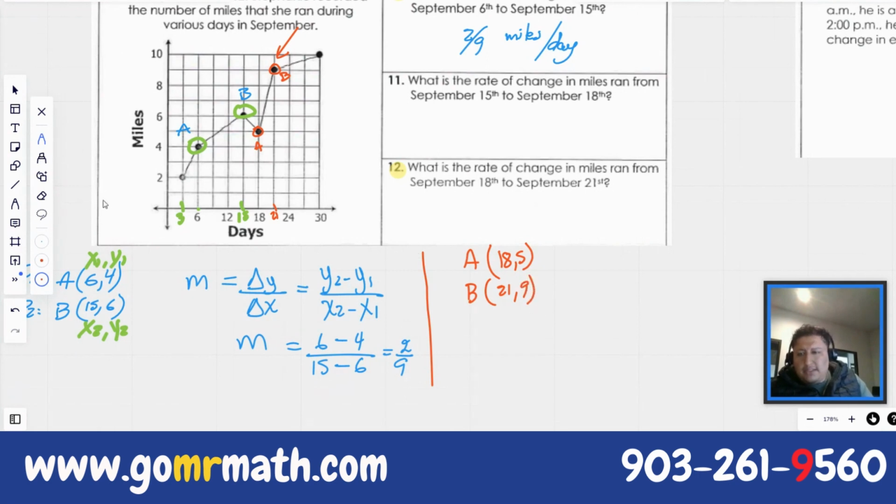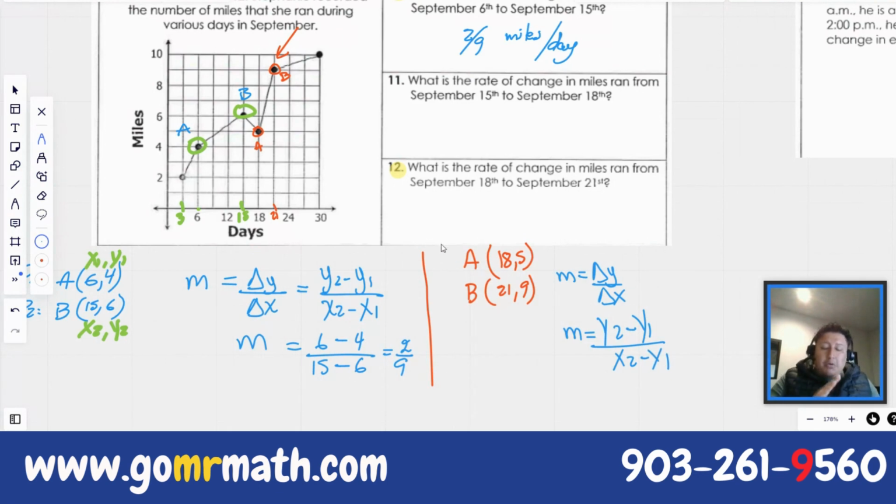And we apply exactly the same formula. The slope is equal to the differential in y divided by the differential in x, also known as y2 minus y1 divided by x2 minus x1. It doesn't matter which points we call point 1 and point 2. If we call this one point 1, these are coordinates x1, y1.